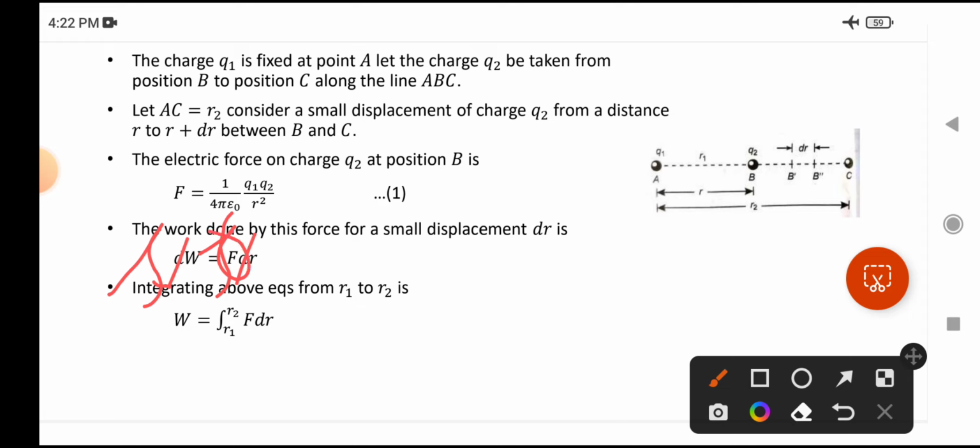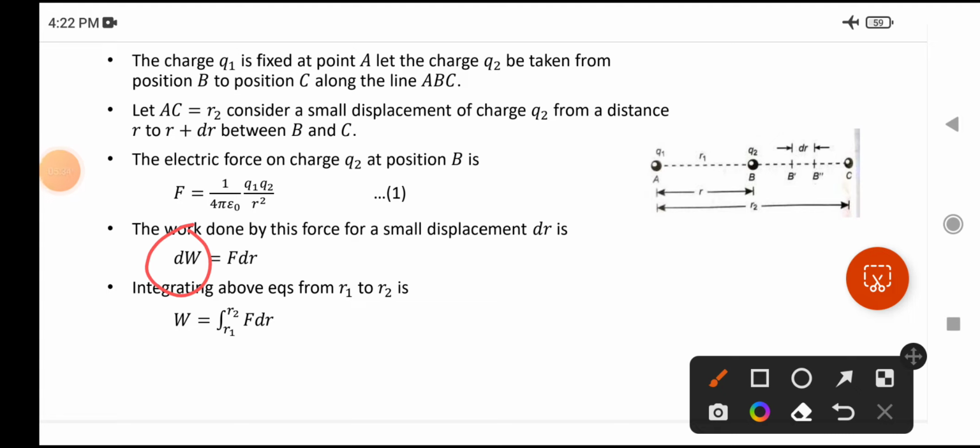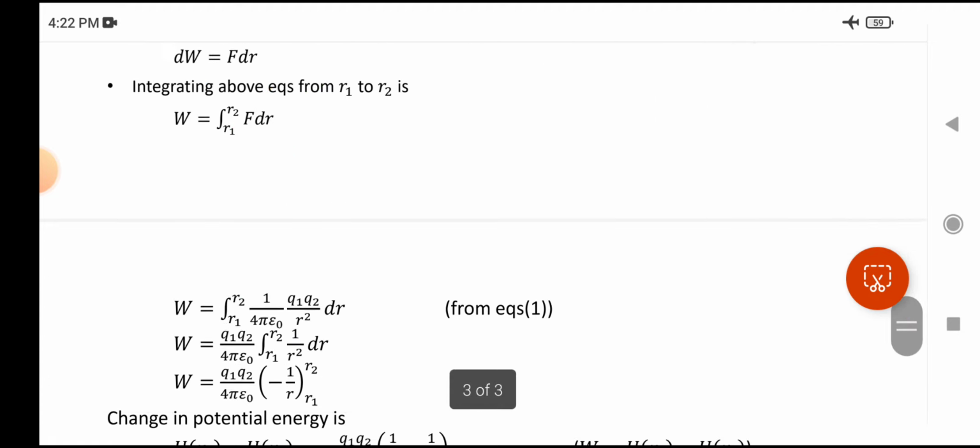On this side, integration is from r1 to r2 of F dr, and we know the F value, so we substitute it here. See the next page.